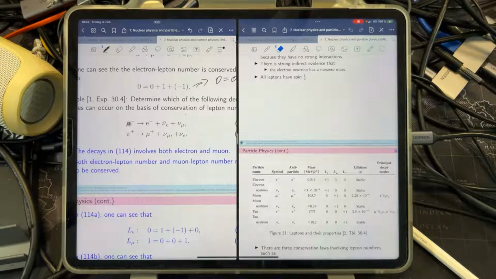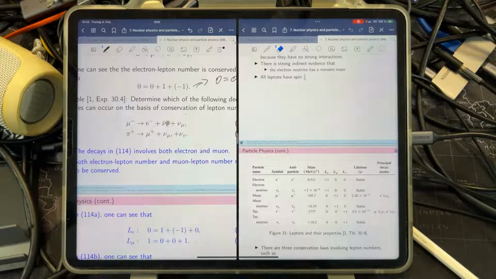Okay, muon at the beginning. What is the muon-lepton number? Muon here has +1 muon-lepton number, so we write down 1 for muon. The next one is electron. Electron has 0 muon-lepton number, so we write down 0 on the right hand side.